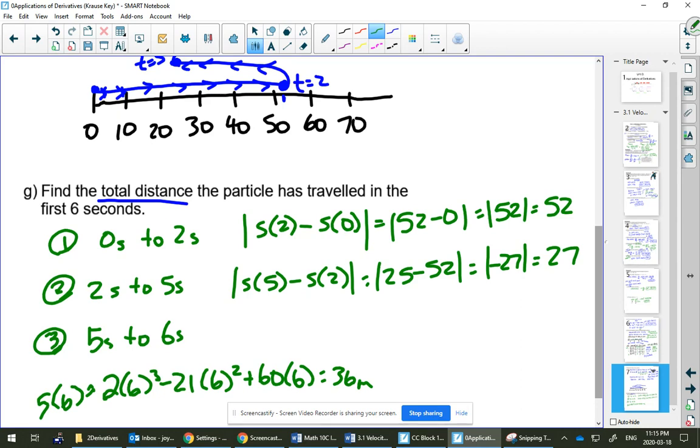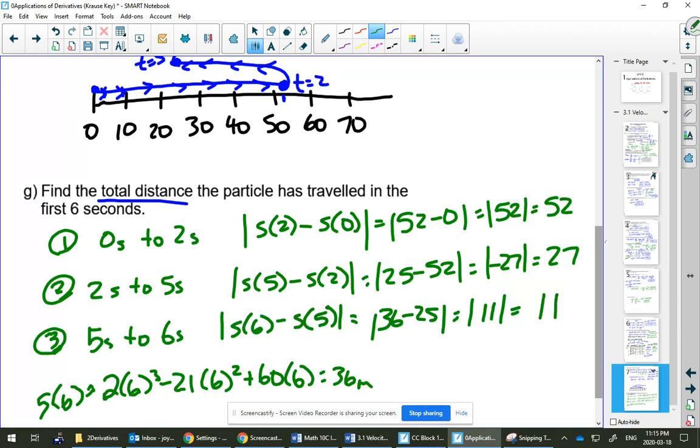But we're asking for distance traveled. So our position at 6 seconds minus our position at 5 seconds is 36 minus 25, which is 11. And when we total up the movement between each interval, we get 90 meters.